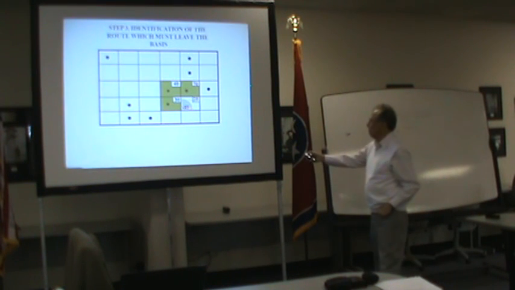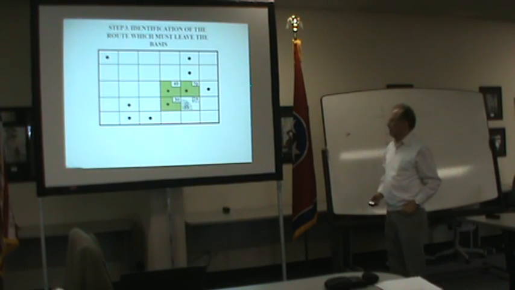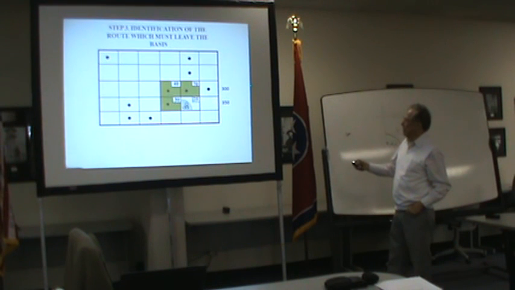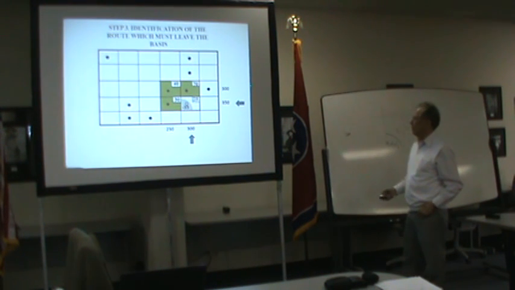Okay, I need flow here, and there. Here, you have 300 and 350. And here, 250 and 300. Okay, remember that. This is 300 and 350.